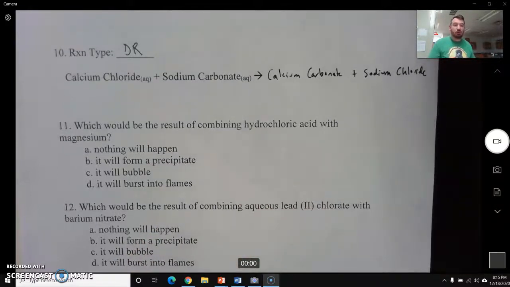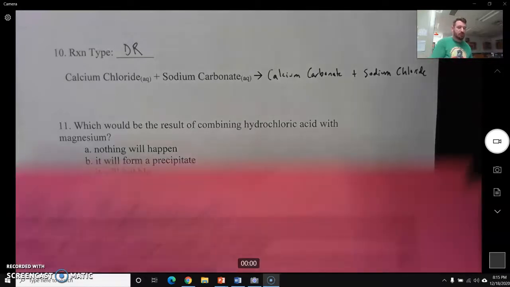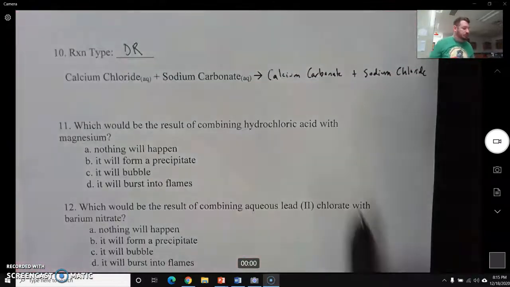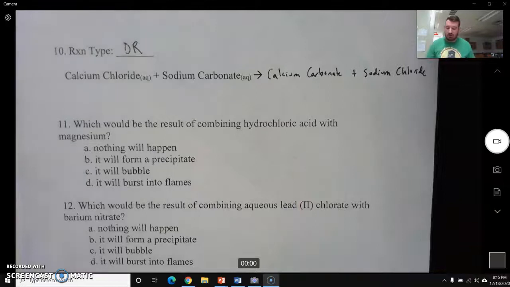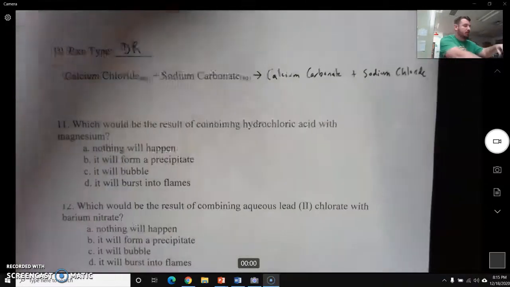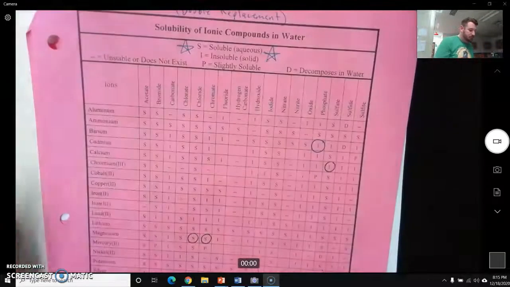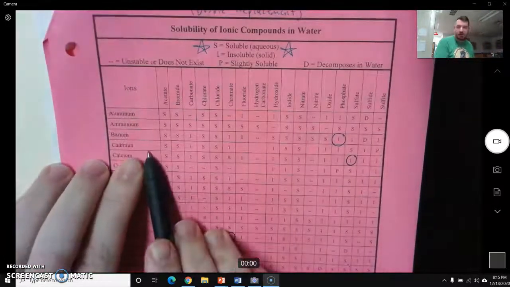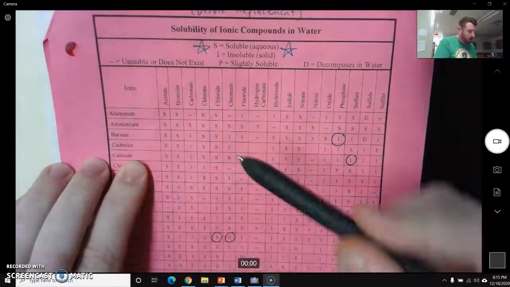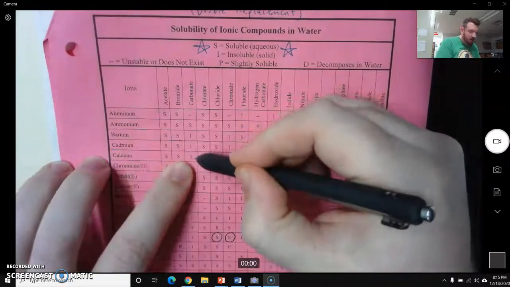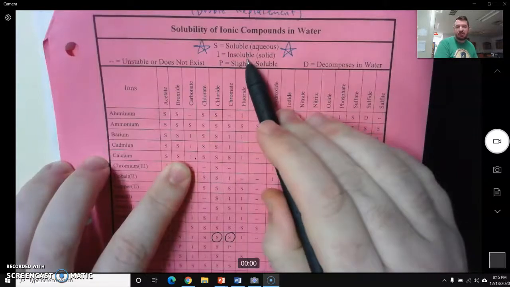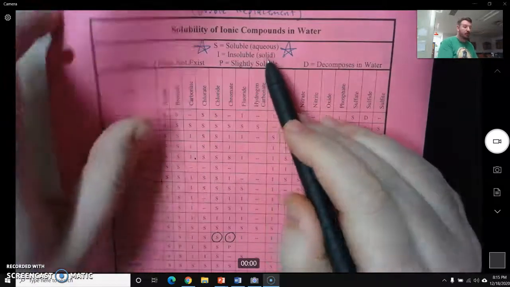All right, this being a double replacement reaction, we need to identify the phases of our products. So we want to use our solubility table, right, on our pink sheet, and we want to look up calcium and carbonate. So if I look up calcium and I look up carbonate, calcium right here and carbonate, I get an I, which means I have an insoluble compound or a solid.